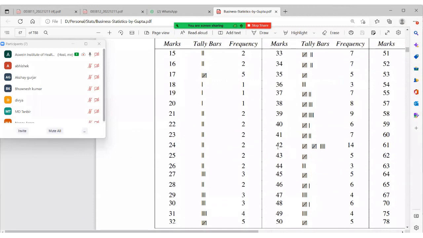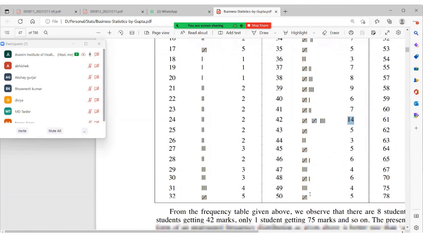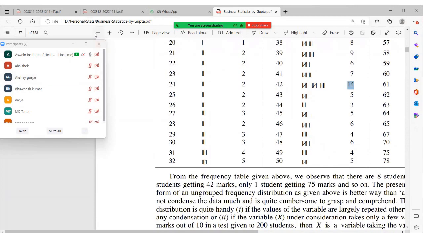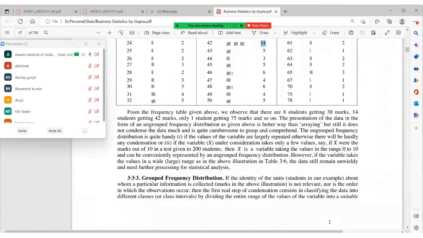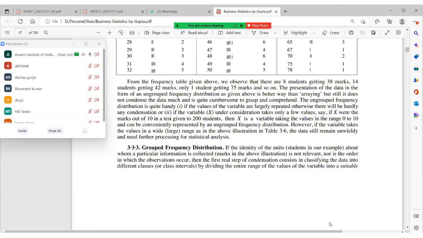Similarly, see here in 42: 1, 2, 3, 4, then cross line, 1, 2, 3, 4, cross line, then 4. So how many? 5, 5, 10, and 4, 14. After this, we calculate all these numbers, and these numbers are called frequency. Is that clear, beta? Yes, sir.